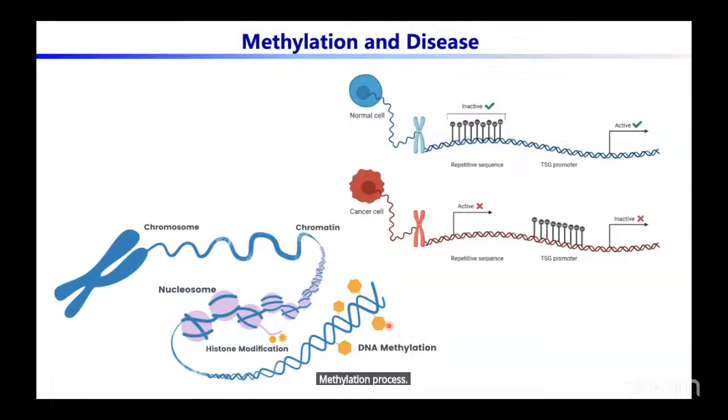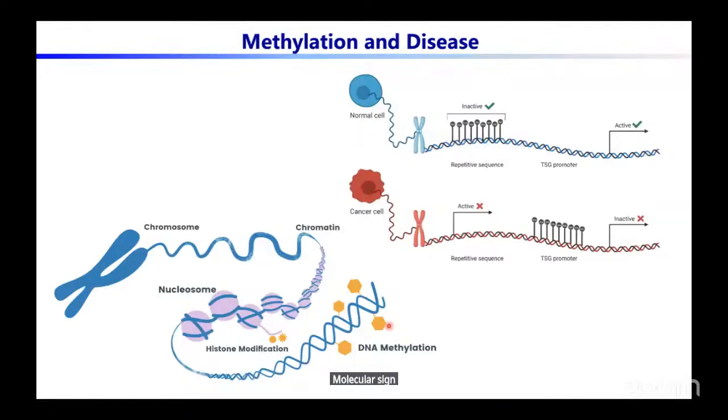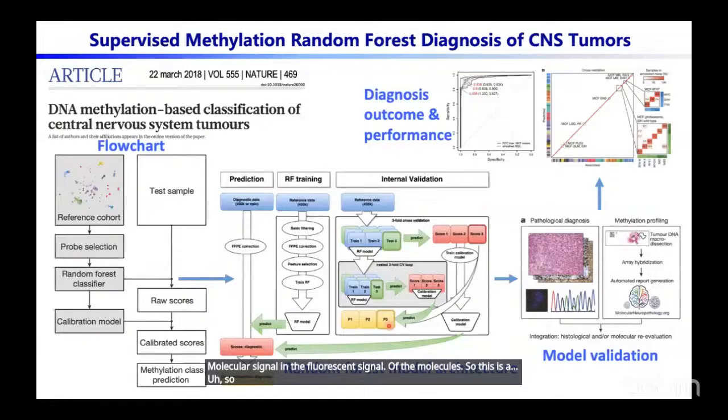Anyway, all we need to know is that if a DNA chain is modified by methylation, then if we do a fluorescence analysis, we can detect some changes in the fluorescent signal of the molecules. So these signals are the ones we can explore.